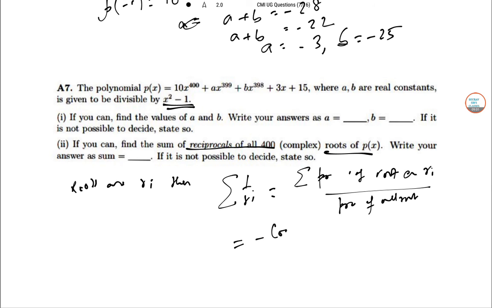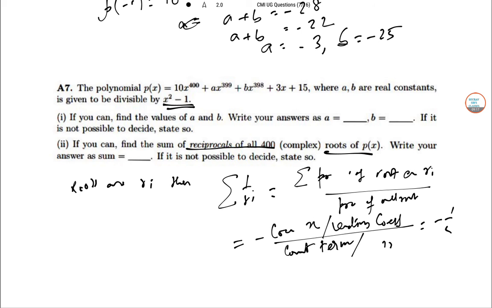That is minus of the coefficient of x by the leading coefficient, divided by the constant term divided by the leading coefficient. So this is minus 1 by 5. Hence the answer.